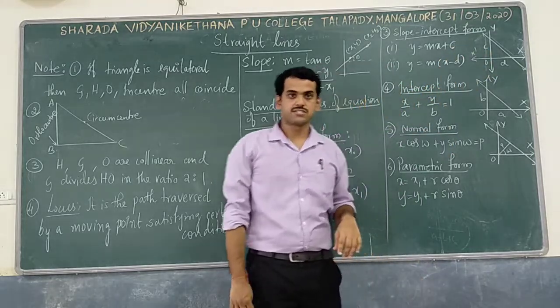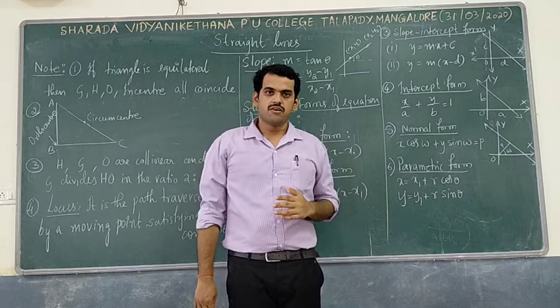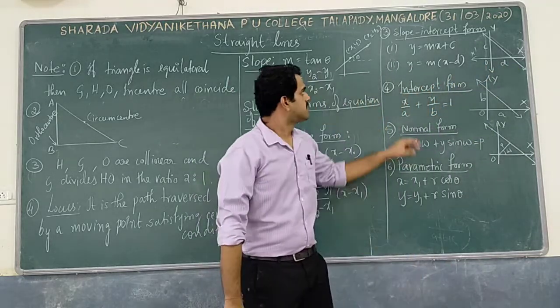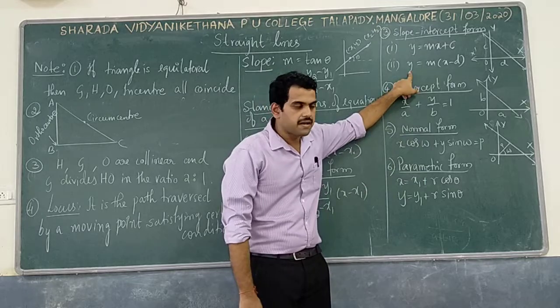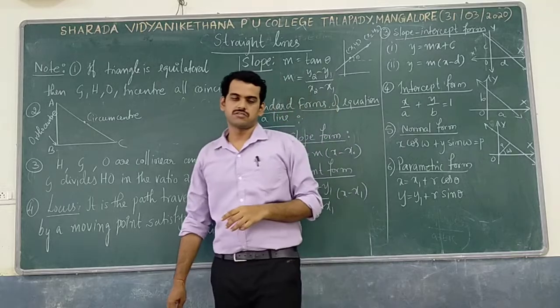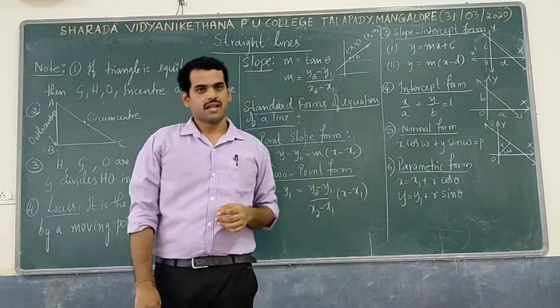Or otherwise, instead of the y-intercept, if we know the x-intercept, suppose d is the x-intercept, then the equation of the line is given by y equal to m into x minus d. This is going to give you the equation of the line.